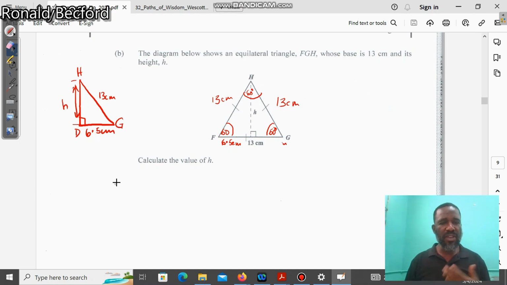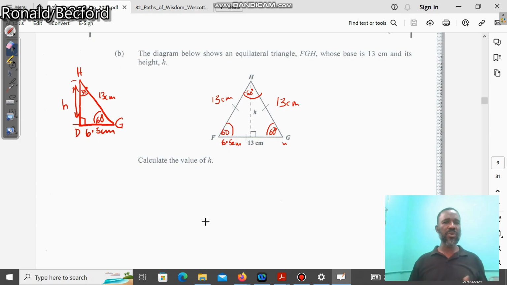So, having recognized that we could have used Pythagoras' theorem to solve the question, we could also apply the trig ratios. Because as we said earlier, if this angle is 90 degrees, this angle here is 60 degrees, and this angle is 30 degrees.